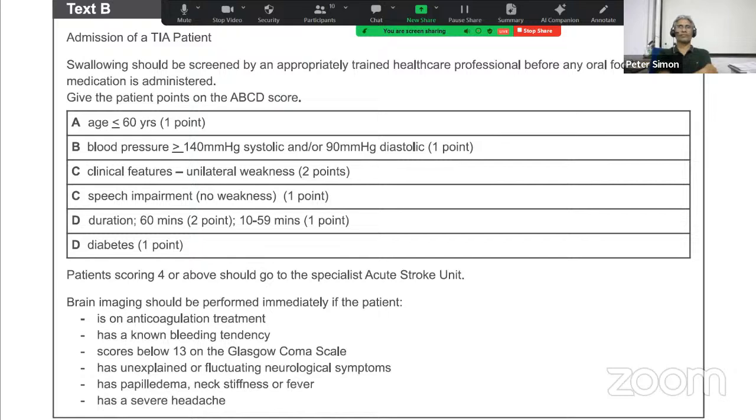Check, take time and check. This is admission of the patient. Now tell me, is it there or no? Yes or no? Y for yes and N for no.